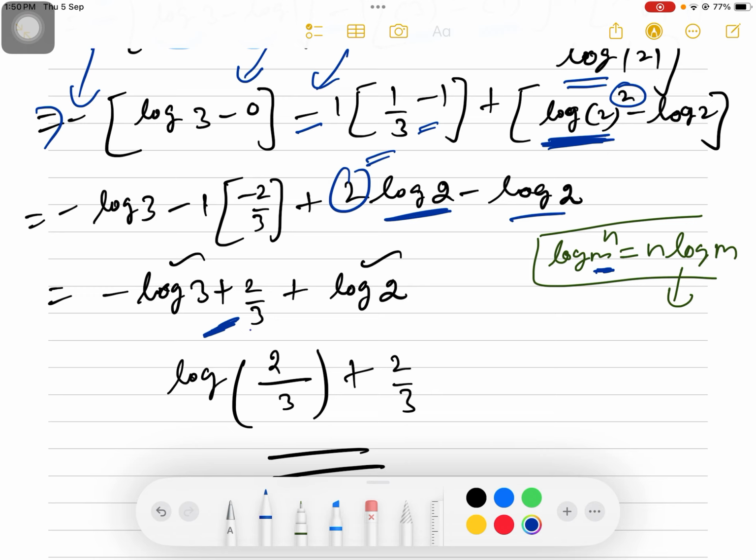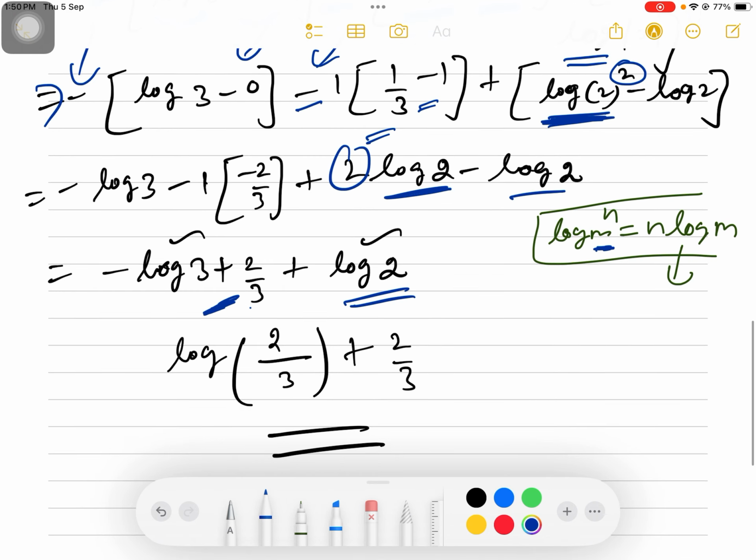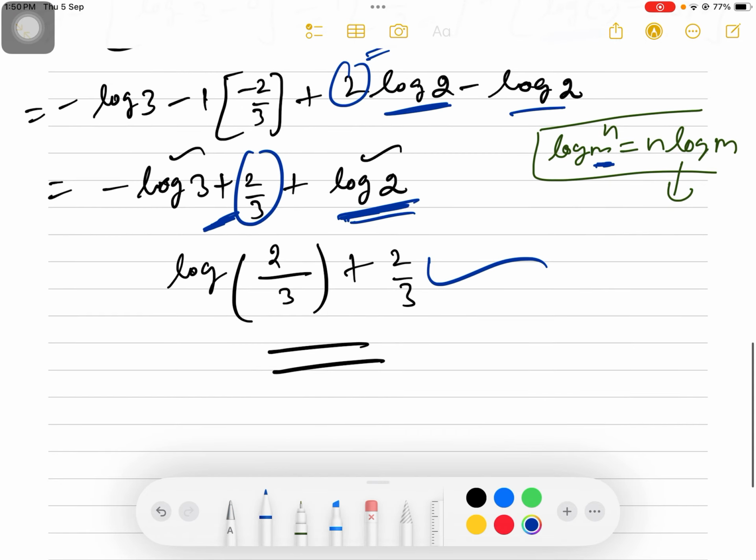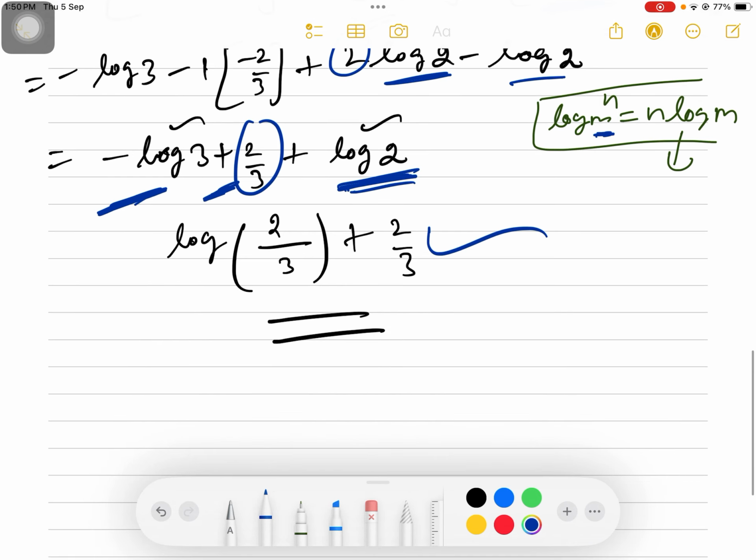Then minus log 3, minus into minus plus 2 by 3, then plus 2 log 2 minus log 2. 2 log 2 minus 1 log 2 is just 1 log 2 only. Then this 2 by 3 I wrote here, and what is left here is log 2 minus log 3.